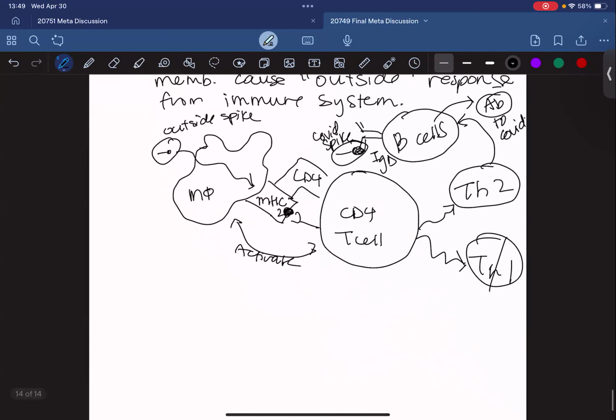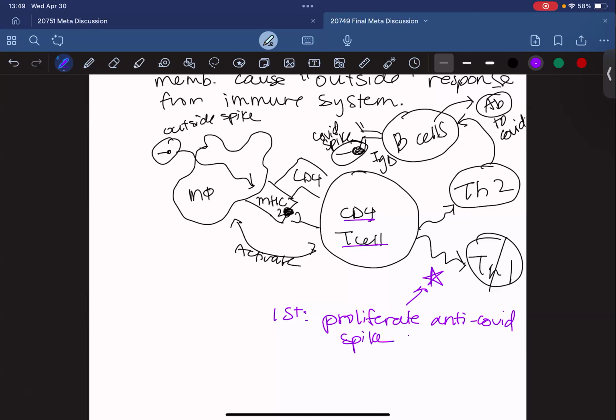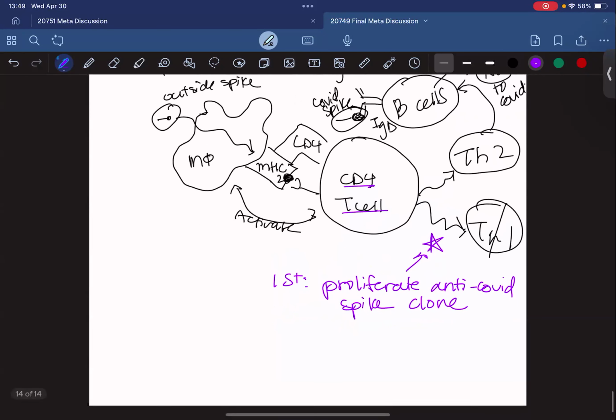Now, taking this further, looking at this right here, what's really going on when we activate our CD4 positive T cell? First, we have to proliferate out that clone, the anti-COVID spike clone. Then it'll be able to differentiate.